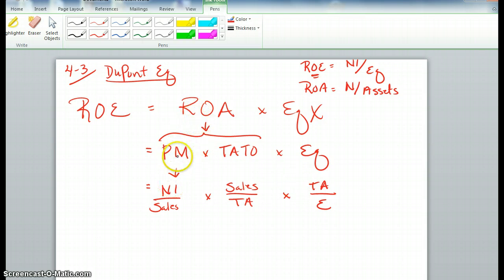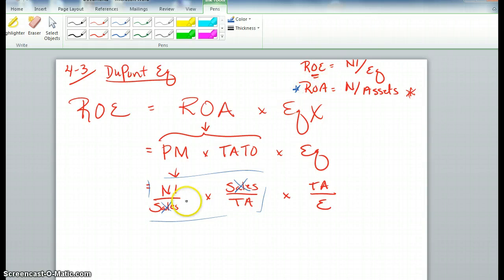And so this return on assets, net income over assets, the shortened way to say it, we can see is true because if we eliminate the like numerator and denominator in profit margin times total asset turnover, we are only left with net income over total assets, which is what we have up here.